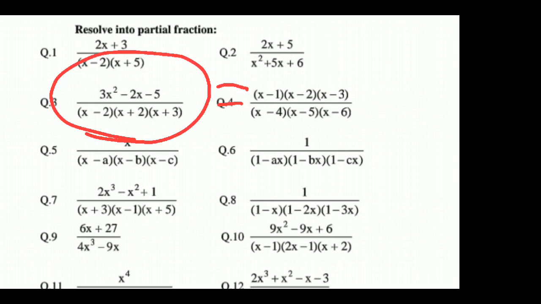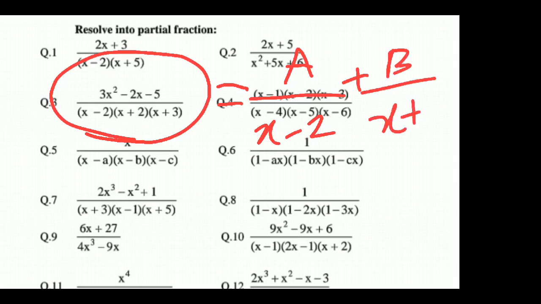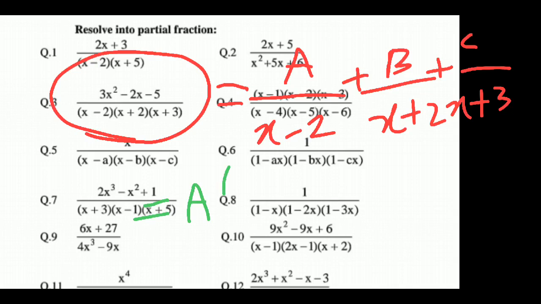So therefore it is type 1 itself, but the constants, that is the values, you have to find out: A, B and C. Instead of A and B, what we have done in the previous problem, some more extension here, C. A divided by (x − 2) plus B divided by (x + 2) plus C divided by (x + 3). So likewise you have to split 3 times, so that after simplification on the right hand side, you will get A into (x + 2)(x + 3).